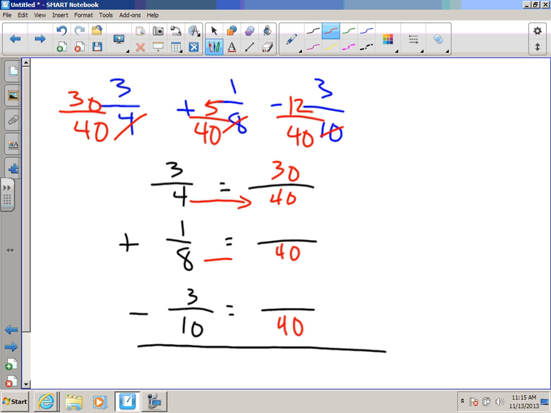When I look at how 8 moved to 40, I multiplied by 5. So then 1 times 5 must be 5. And then 10 times what? So then 3 times 4 is 12. Are we better now? All right.